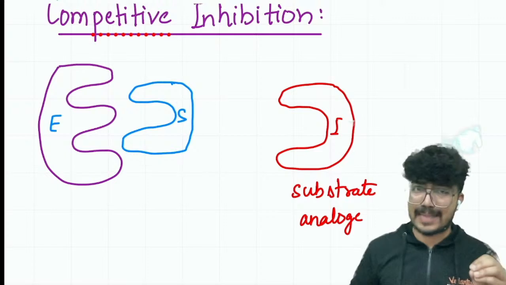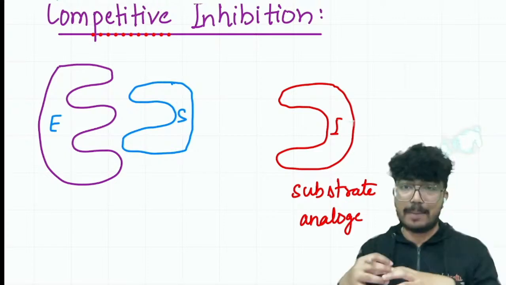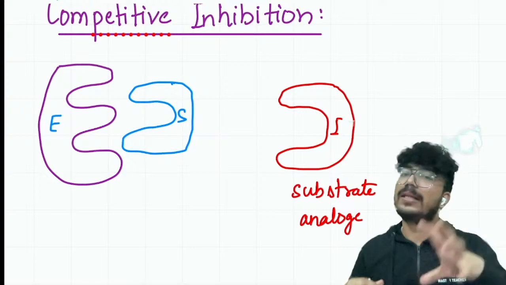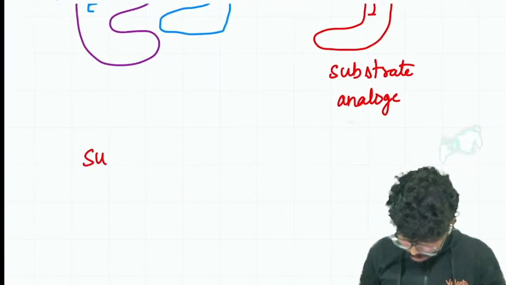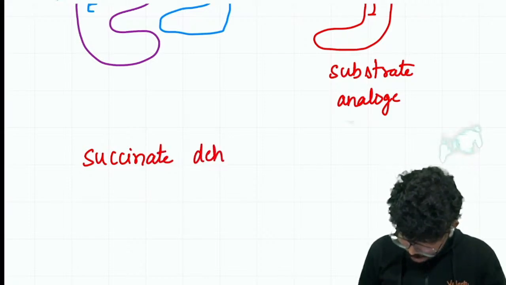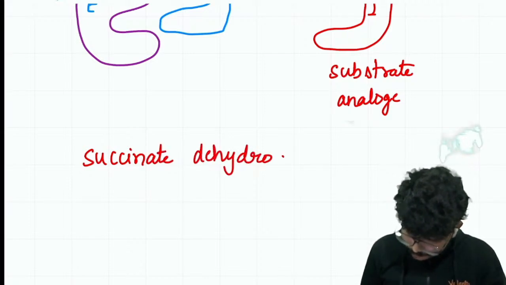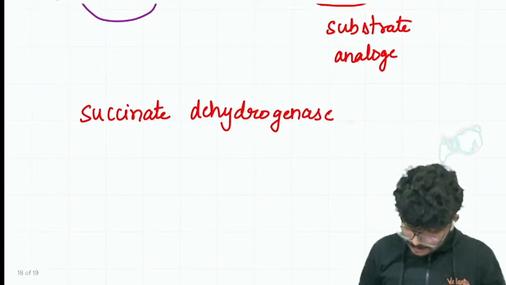So we can take an example of competitive inhibition, that is malonate, that competes with succinate to bind with the enzyme succinate dehydrogenase. Okay, so I have this enzyme succinate dehydrogenase. So its substrate is actually succinate, right?